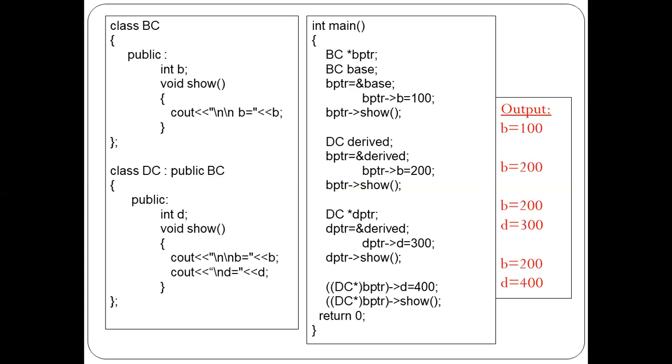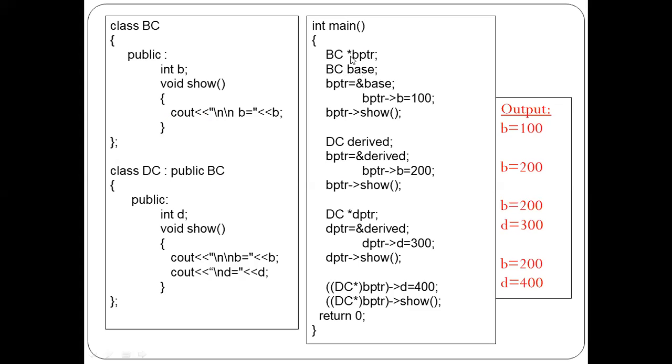What is the difference we have seen with this example, where we create an object of the base class and a pointer for it, and then point it to the derived class? Here you can observe that we have the base class BC and star BTR. This is a pointer to the base class, and this is your actual base class object.